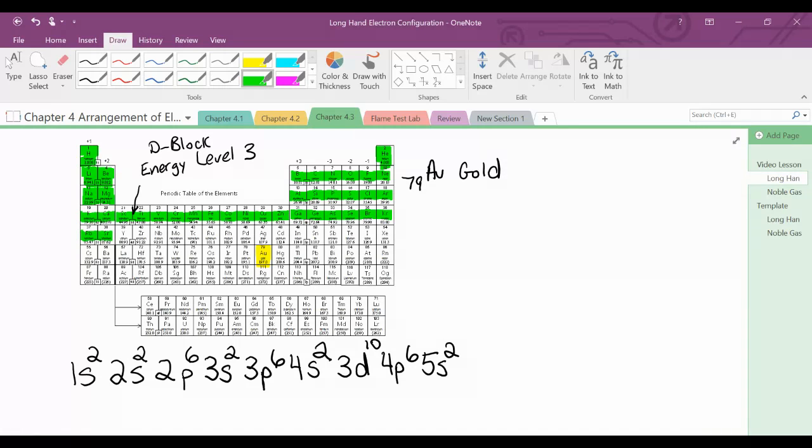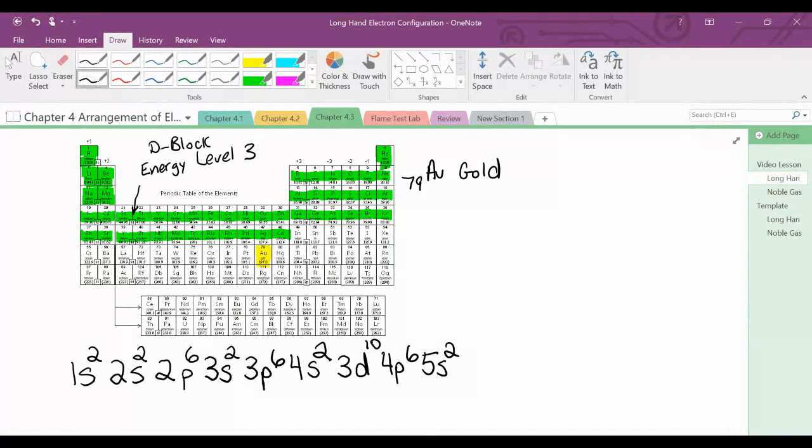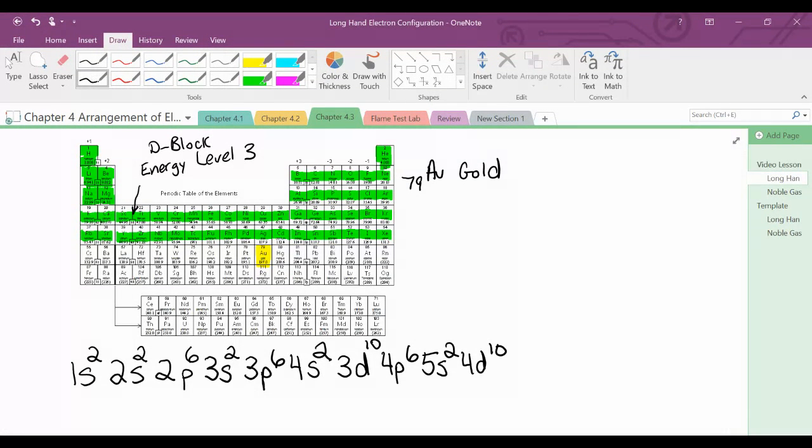We're back at the D block now, and it's 4d. It's 4d, and then you count across to 4d10. To the P block, 5p6.